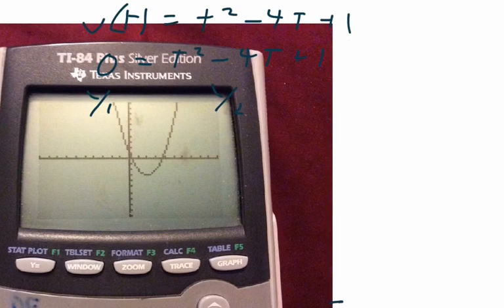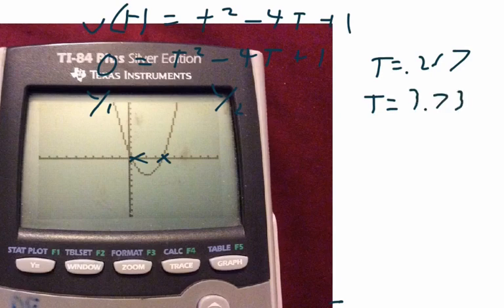Alright, and so I got this point and I have this point, and so I'm going to find the intersection. You could have also used the quadratic formula. And my first t is 0.267, and my second t is, when I guess over here, t equals 3.73.